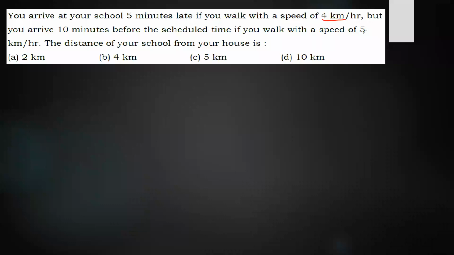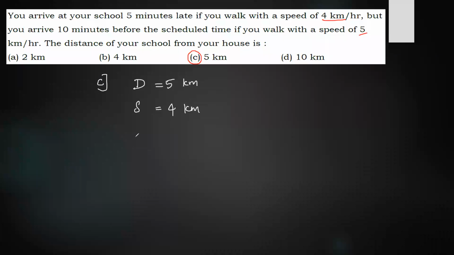The question asks for distance, and the given options are distances. Maximum I will go for 4 or 5 since the speeds are 4 and 5. Initially I will go for 5, since 5, 10, 15, 20 will be very easy to calculate. Suppose my option is 5 km.